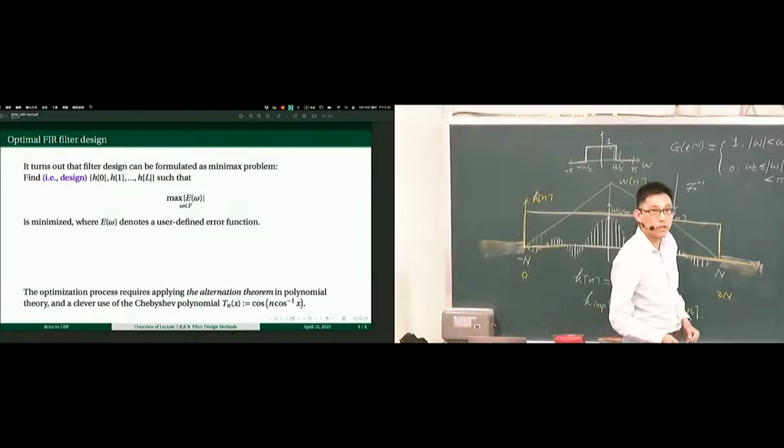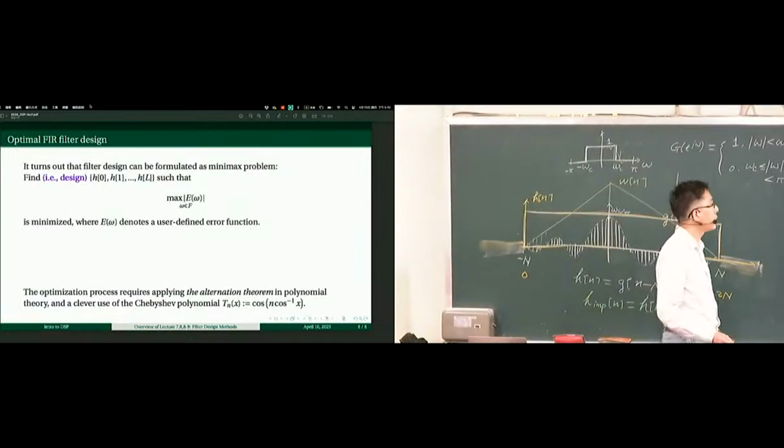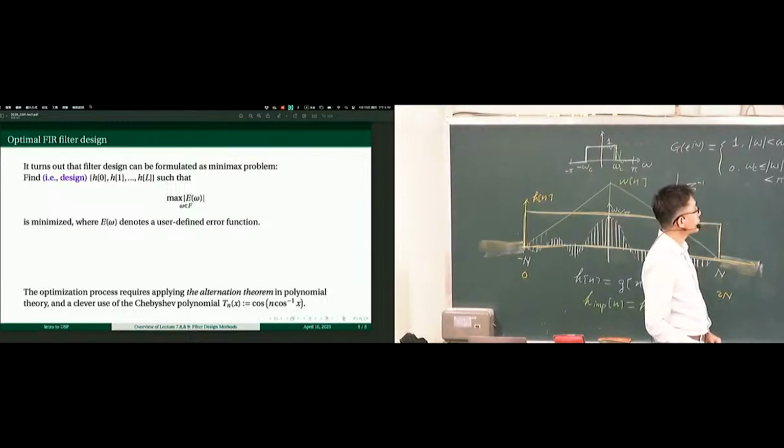And the next topic that we will cover is yet another, should I say, a completely different way of designing FIR filters. It's called optimal FIR filter design.